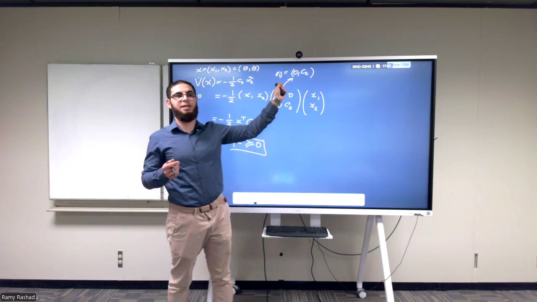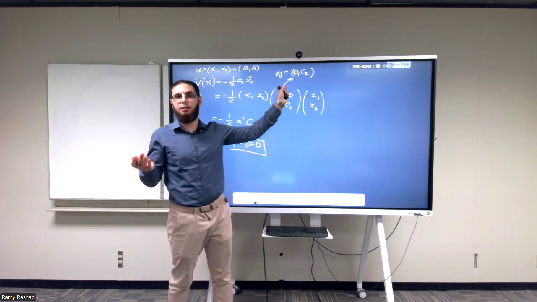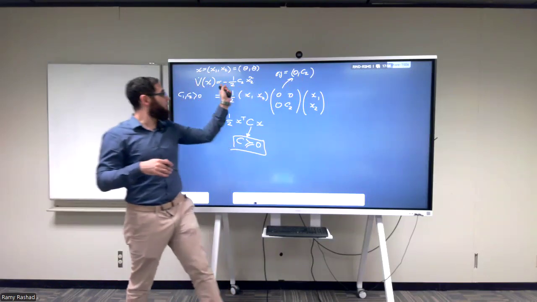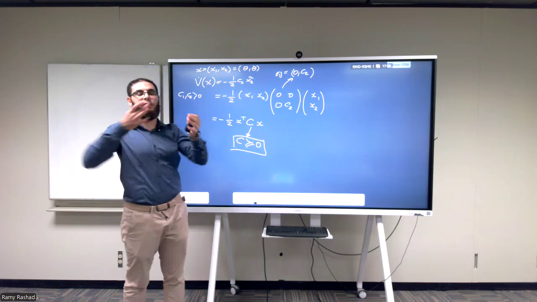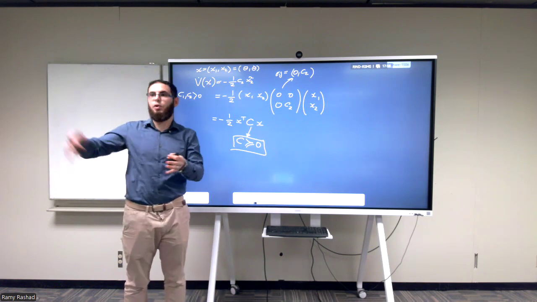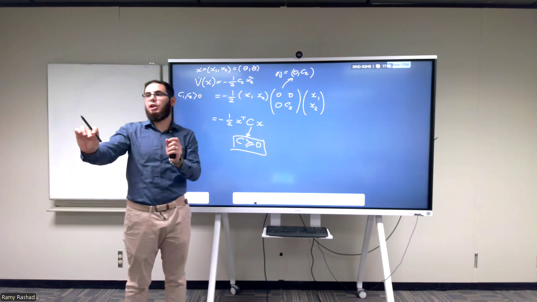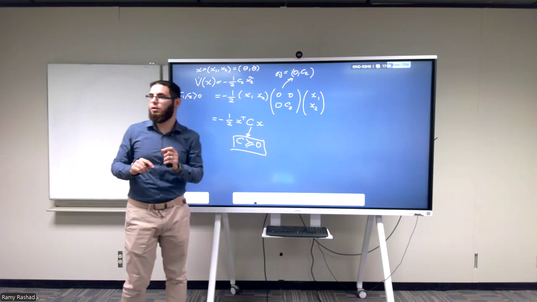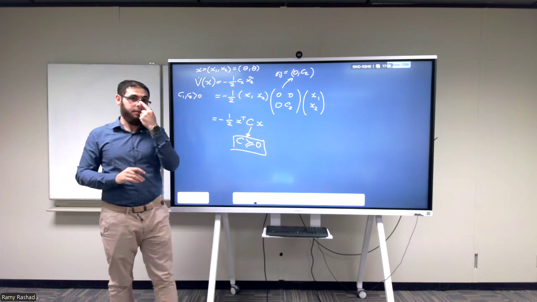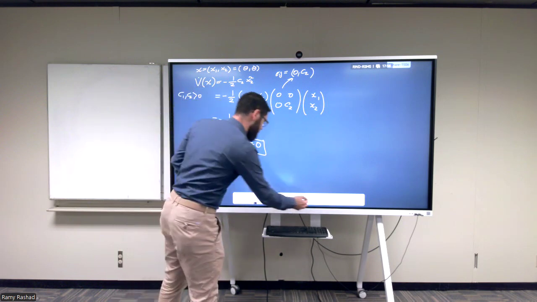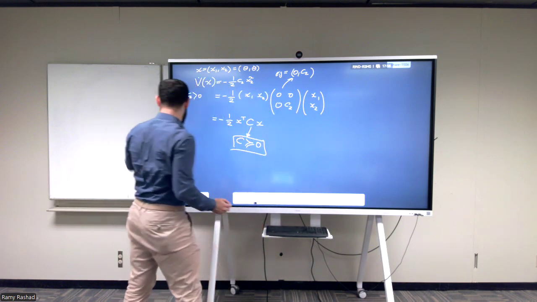If you have a 0 on the diagonal, it means that the eigenvalue that corresponds to it will always be 0. That's why, if you have a multivariable function V of x1, x2, x3 and so on, and one of the variables is missing, this is a very easy check to say whether it's positive definite or not. Or positive semi-definite, exactly. Is that clear? Okay. Let's go back.